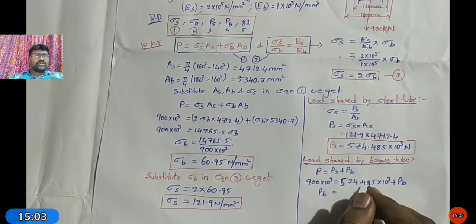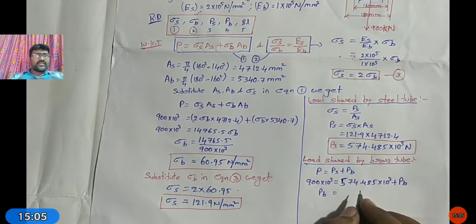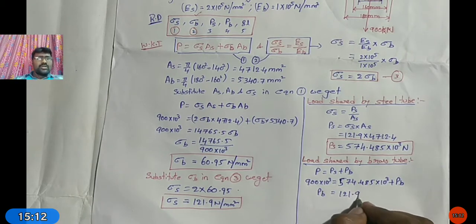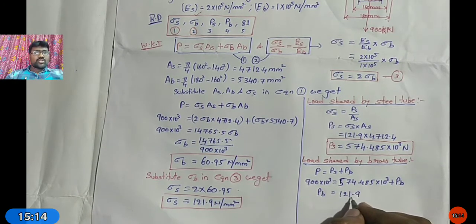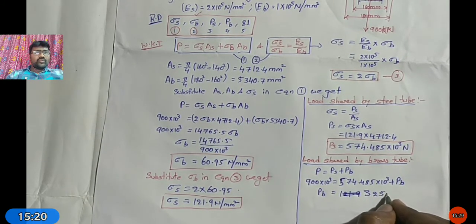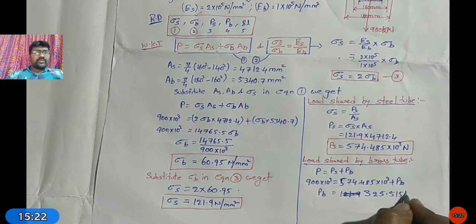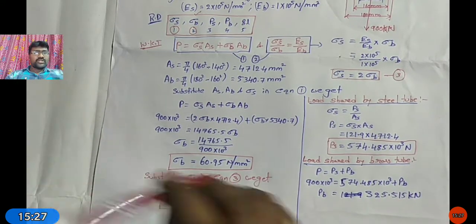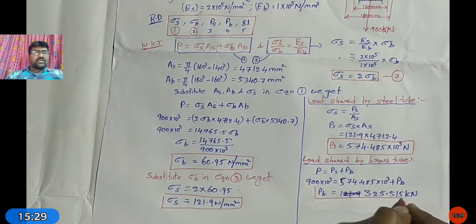P B is equals to, by simplifying this equation, we'll get the value of load shared by the brass tube is 325.5 kilonewtons, that is in terms of 10 cube newtons.